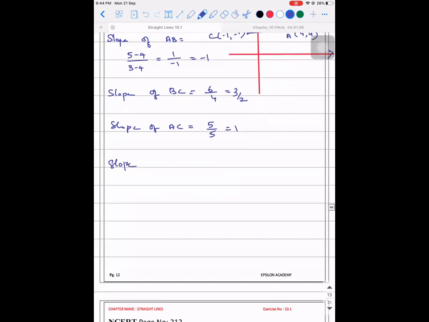So you are able to observe one thing. Slope of AB into slope of AC is equal to how much? 1 into minus 1, which will be minus 1. So if the product of the slopes of two lines is minus 1, what does it mean?